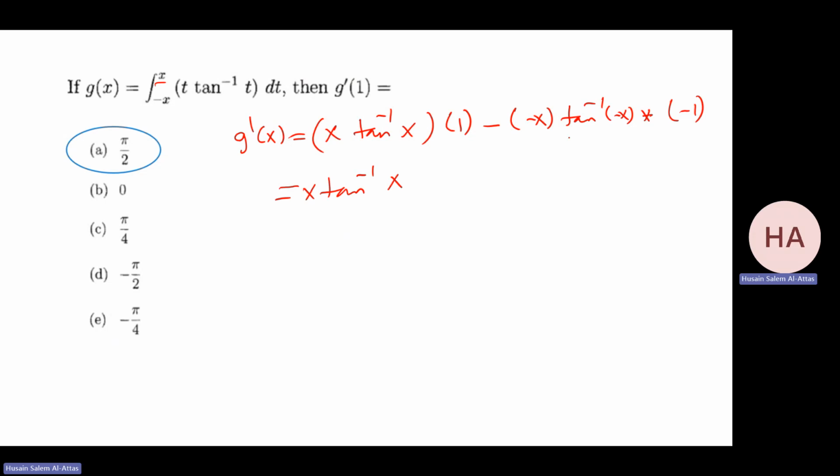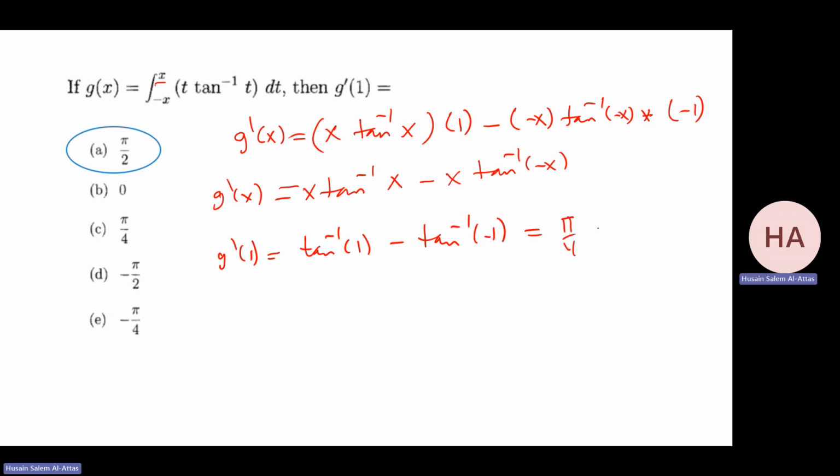You have minus, that will be minus times minus x tan inverse of minus x. I know it's minus, but it's okay. This is g prime at x. G prime at 1 will be tan inverse of 1 minus tan inverse of minus 1. So that gives me pi over 4 minus minus pi over 4, which is pi over 2. So this is that.